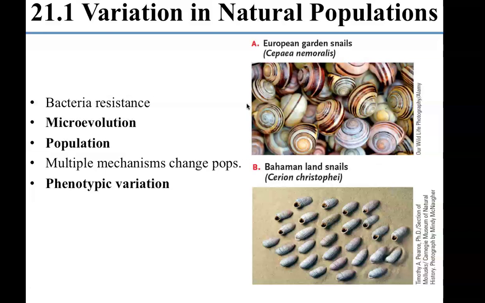If you look at the land snails in the bottom picture, they look pretty similar. They all have phenotypic variation, but it's not as evident. It's not showing up as obviously in their shells. But trust me, they have phenotypic variation. Sometimes it's more obvious to the observer, and other times we have to go looking for it.